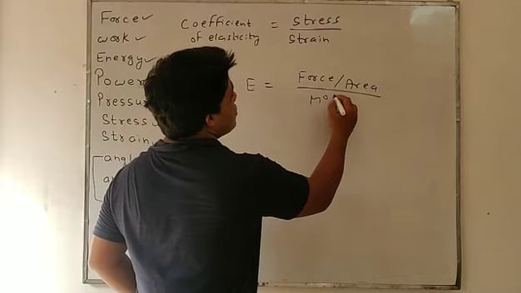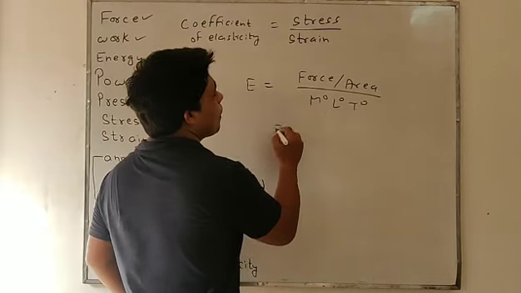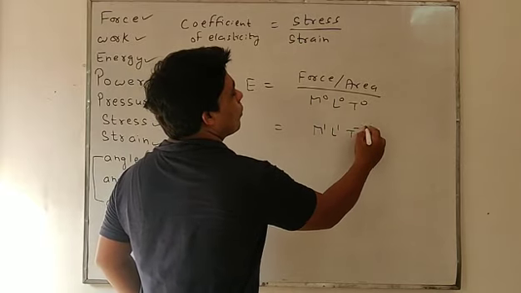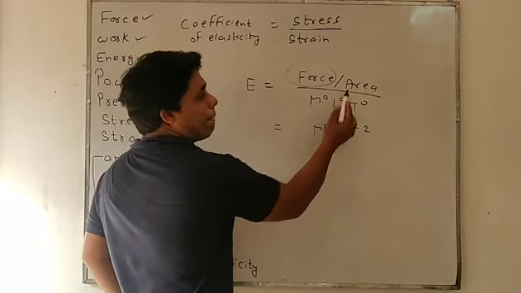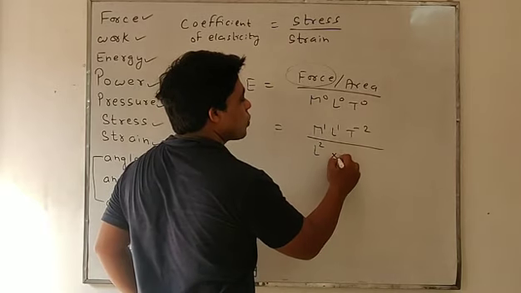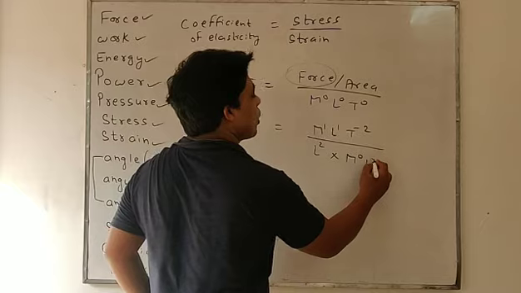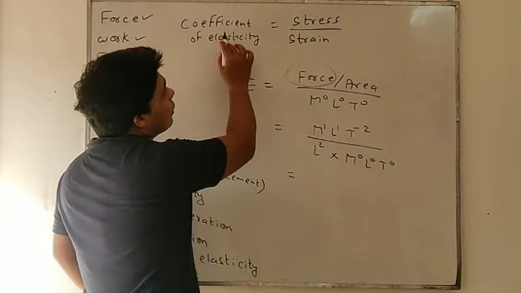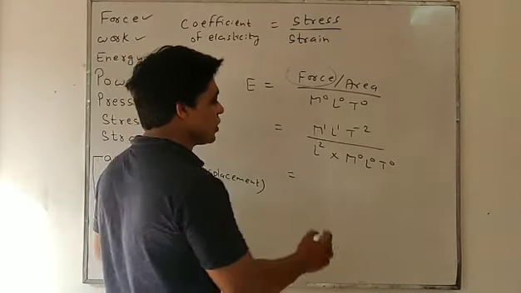We know its dimension is M0 L0 T0. Force has dimension M1 L1 T minus 2. And area, length into breadth, L into L, L square. If you don't want to write, no issue. Finally, what is the dimension of coefficient of elasticity?